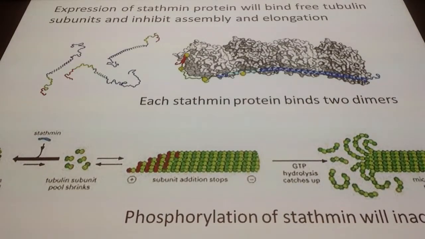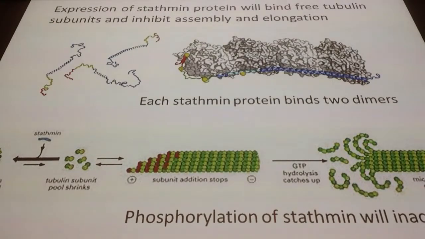Yes, sir? Is it safe to say then that stathmin is in essence acting as the cap? Because its presence would inhibit the elongation of the tubulin, correct? No, it doesn't act as a cap. The unphosphorylated form actually acts like thymosin. So it's still binding to the subunit to prevent polymerization, but it's not a cap on microtubules.